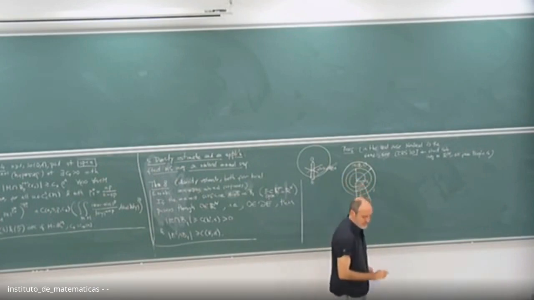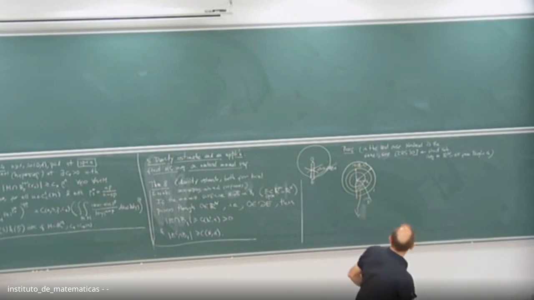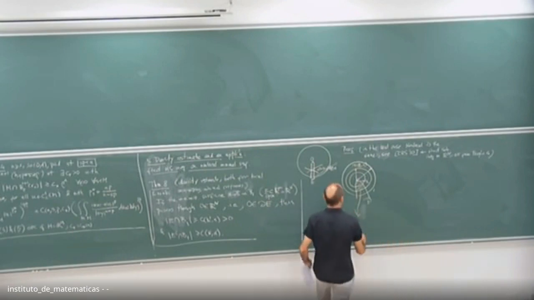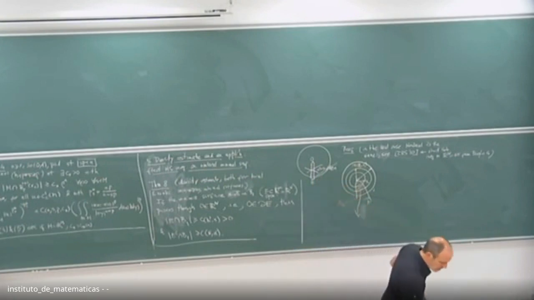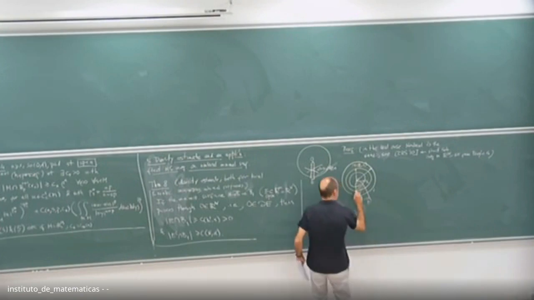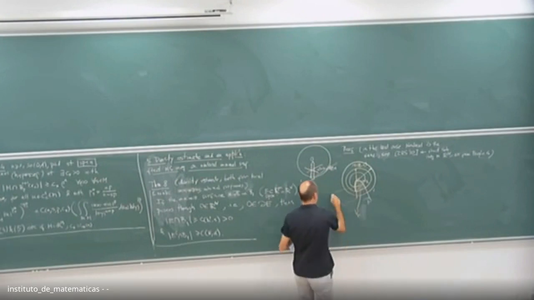And then its boundary has two parts. This one here, that I will call A_r, and this one here, that is part of the boundary of the minimal surface, that we will call E_r.